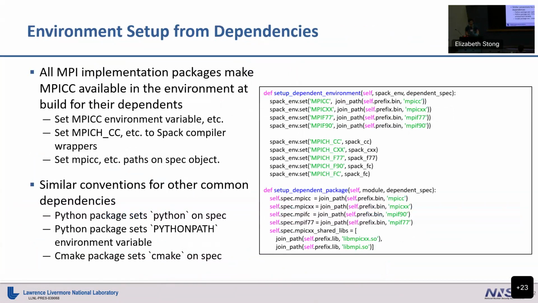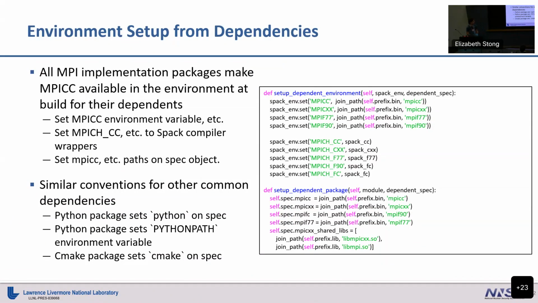Now, to get that interoperability to work, we don't only have to have the source code written to an interface. We also need to make the package files within Spack interoperable in some ways. So there are several things we have to set up to get MPI to play nicely with the rest of the Spack ecosystem.